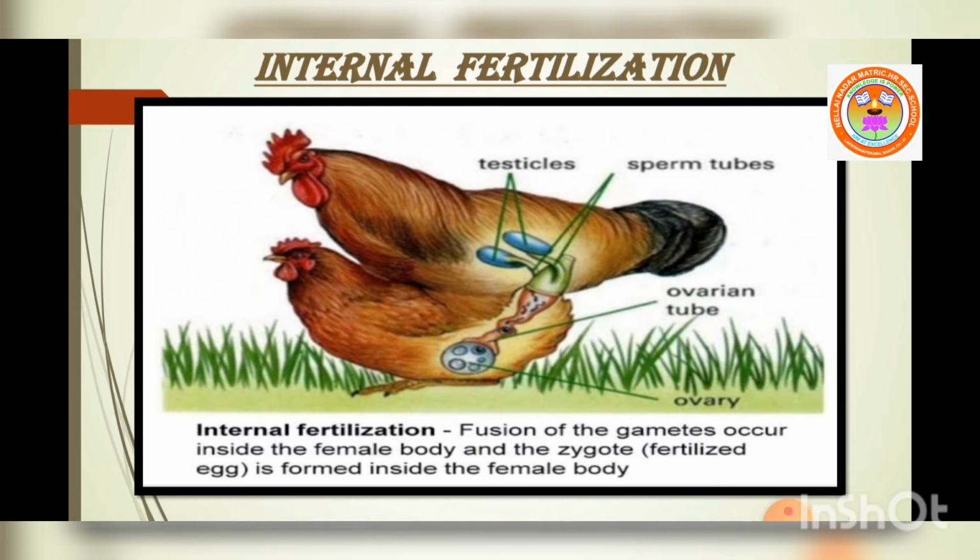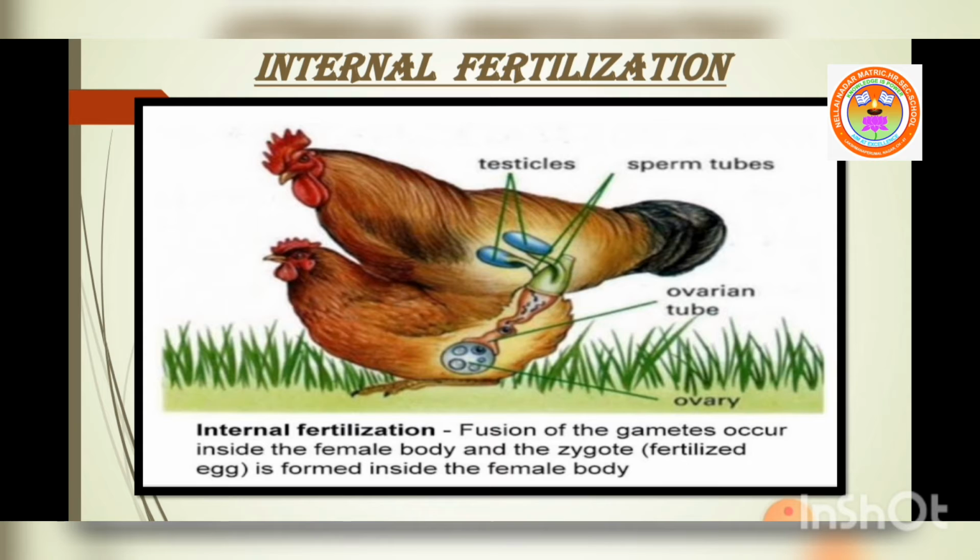This is called internal fertilization. Example, reptiles, aves and mammals. So fusion of the gametes occurs inside the female body and the zygote is formed inside the female body. That is the fertilized egg. It is formed inside the female body. This is called internal fertilization.